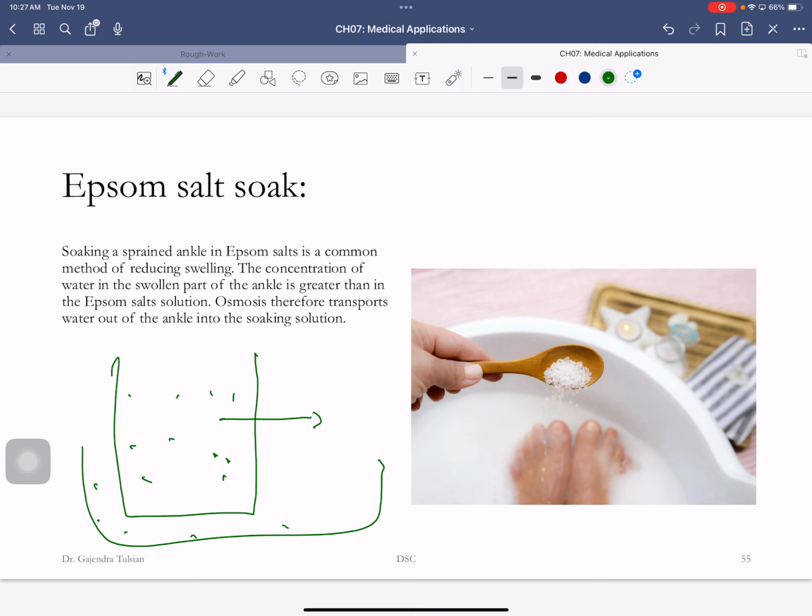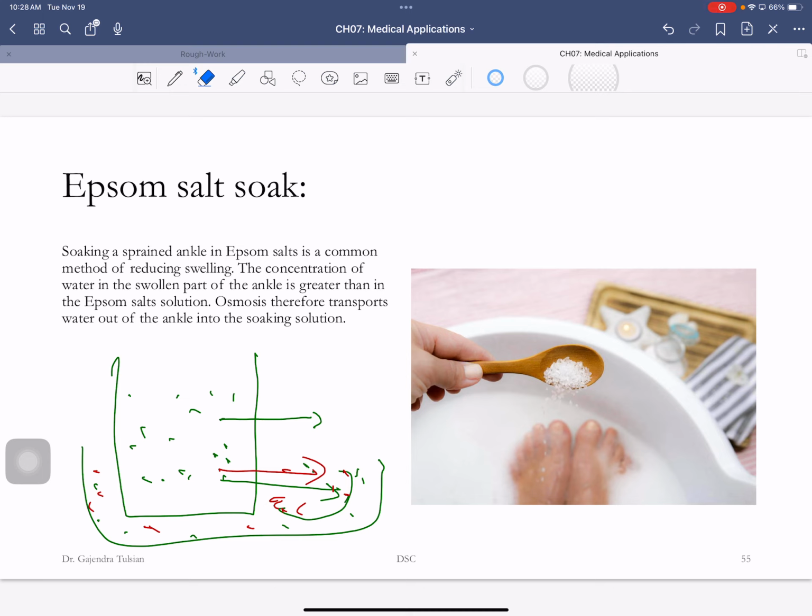The water concentration is smaller there, and so there's more water here, and it'll come out by osmosis. And to make the solution less concentrated in water, you just add a lot of salt to it. The more salt you have here, the faster the water will come out.